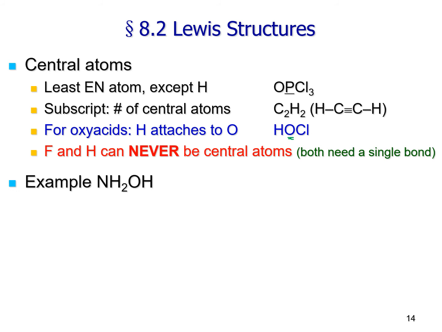Now let's look at one example of multi-central atoms. This compound is called hydroxylamine in organic chemistry. The reason why we split the hydrogens in 2 different positions is that these two hydrogens connect with nitrogen, and this hydrogen is connected with the oxygen. And we've got 2 central atoms.